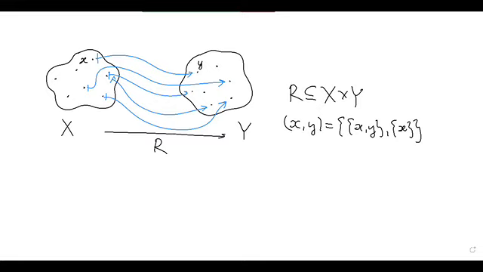And then you think of the R as the set of all such ordered pairs. So (x, y) here would be one element of R.